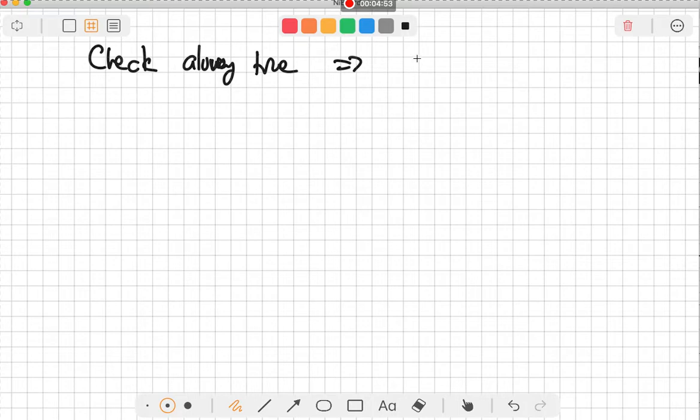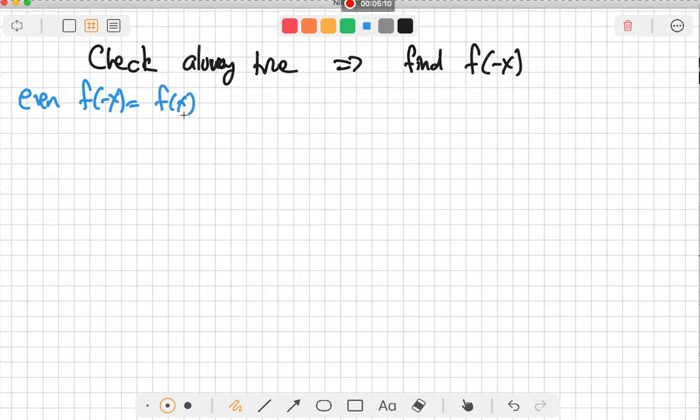So we're going to find out what is f of negative x. We're going to work with that value. So again, a reminder, even: f of negative x equals f of x. Odd: f of negative x equals the opposite of f of x.